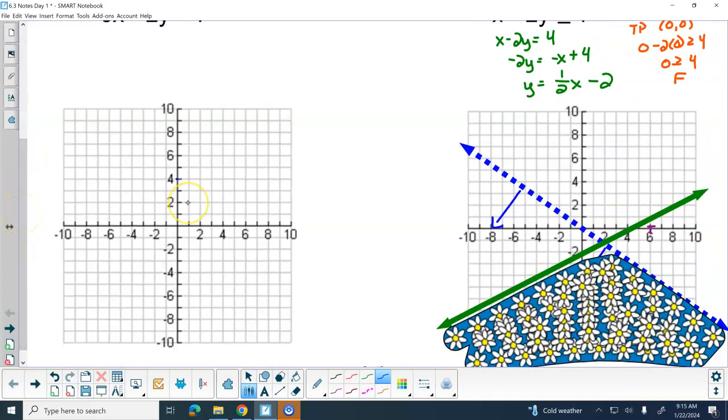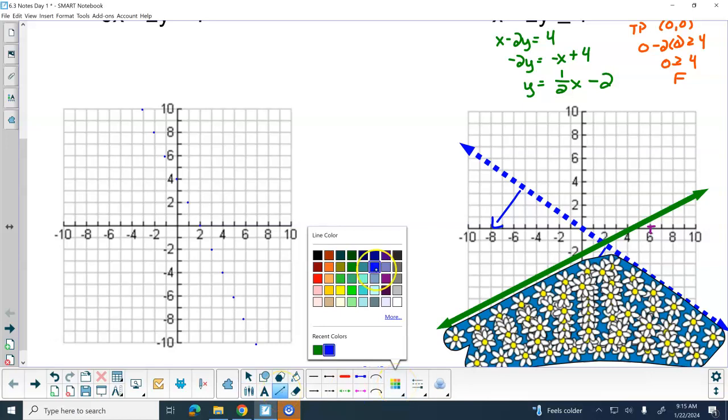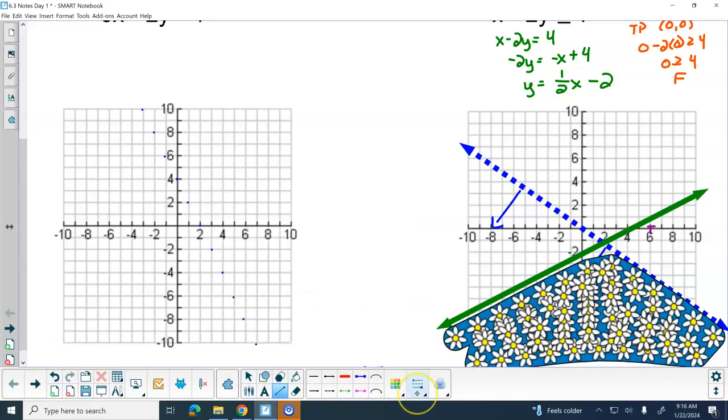So that's down 2, right 1, down 2, right 1, and so on and so forth, up to, oops, I put it in the wrong spot, and so on, and so forth. Yes? Love it. Next one.